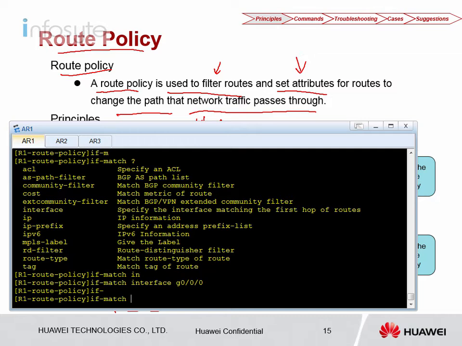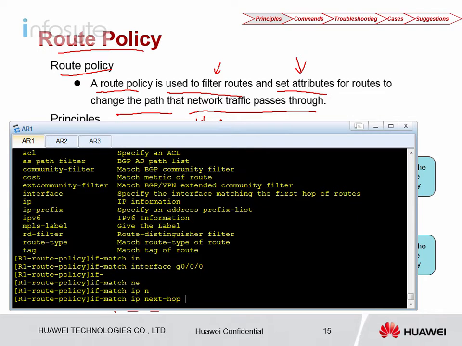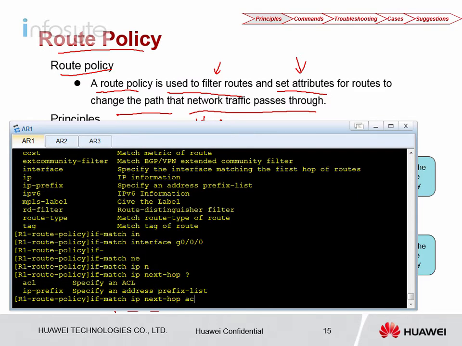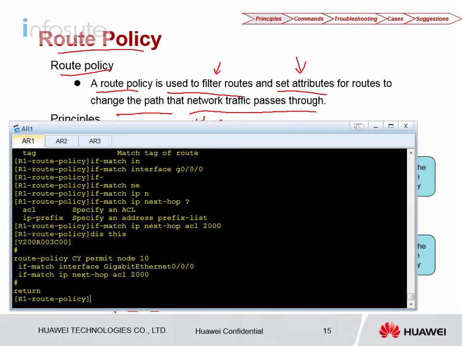So if I have two if-match conditions, then in this case it will be an AND condition, which means that both of these conditions have to be matched for the condition to be true. So I'm going to match, let's say, the IP next hop. I'm going to use an ACL. Let's say I give it a basic ACL. Let me do a display this, so you can see that this node 10 has two matches, and both of them have to be matched for it to be true.